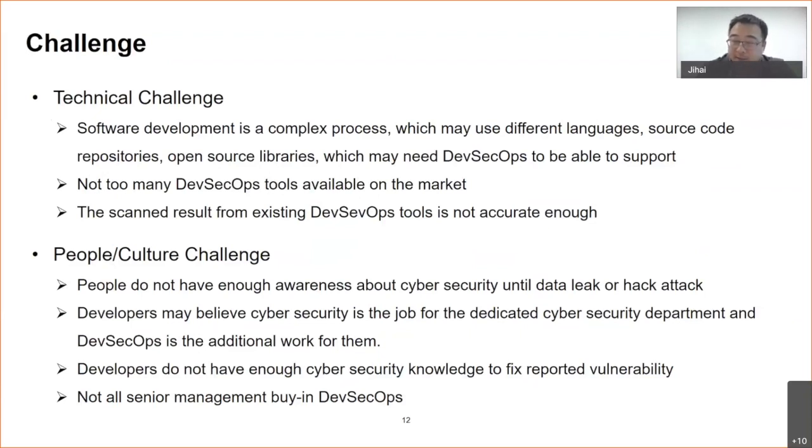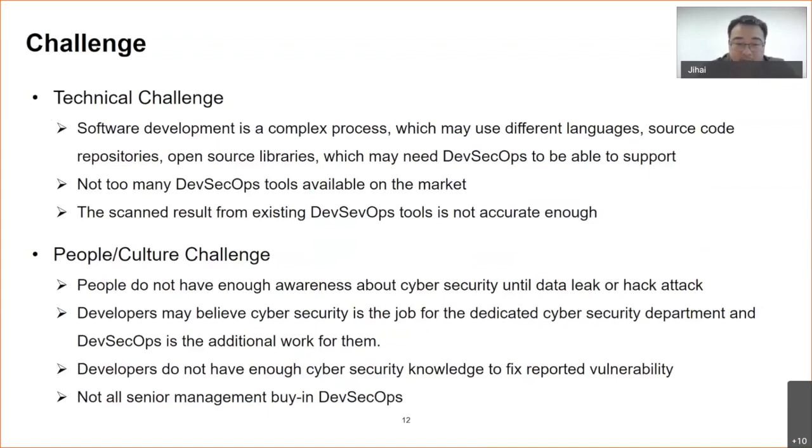But later, they may find they don't have enough knowledge regarding cybersecurity. For these vulnerabilities, they probably don't have the knowledge to fix them. This also happens, because if you can code, it doesn't mean you can do the cybersecurity work.